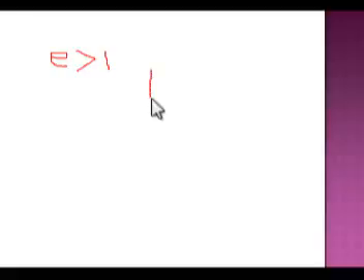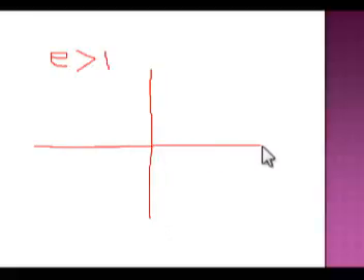Now in the Cartesian plane, a hyperbola can be drawn in this way. There are two axes: this is the x-axis and this is the y-axis. Now we will take a directrix first.